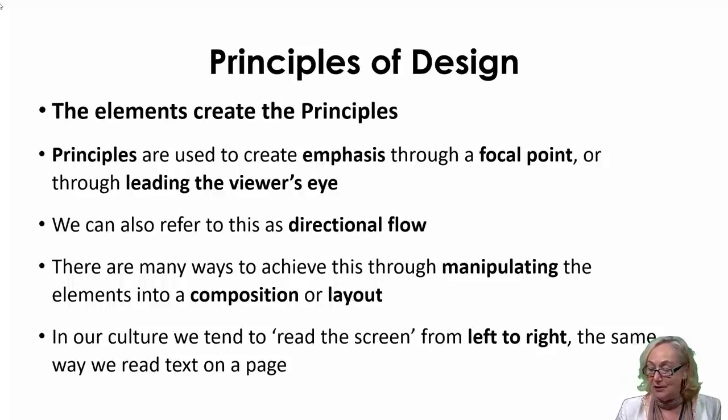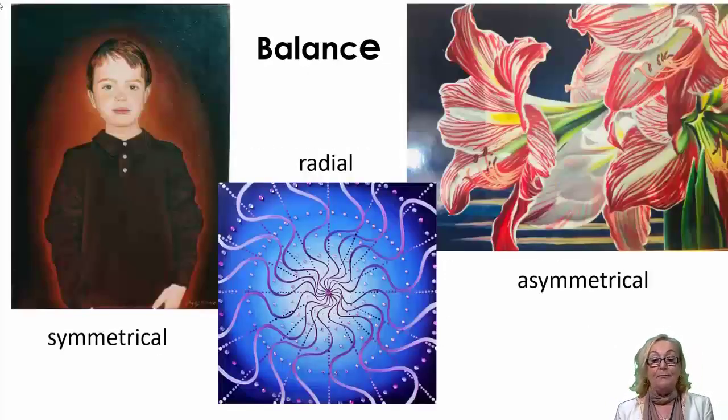Okay, so let's look at some of the principles and how to create them. We'll start with balance. Balance is divided for our purposes into just 3 ways. And of course, you could go crazy, you could do whatever you like, but we do work with symmetrical, radial, and asymmetrical. And there is quite a bit written about the effects of these types of balances on the human brain.